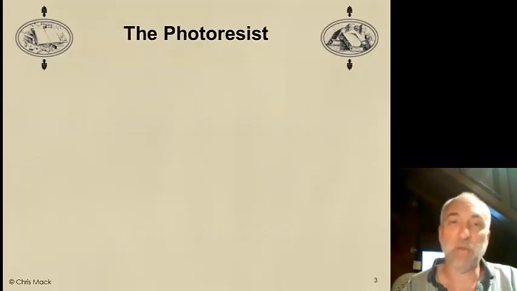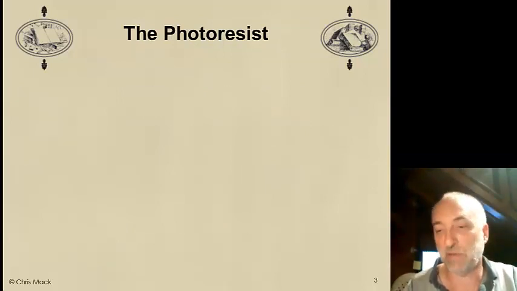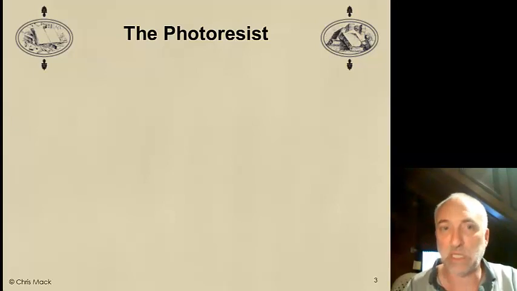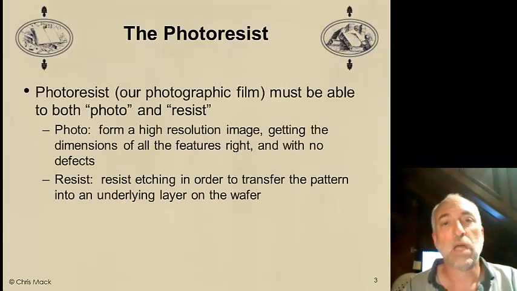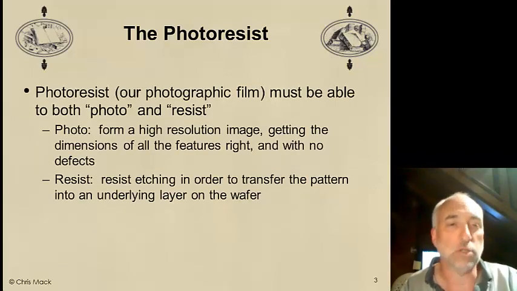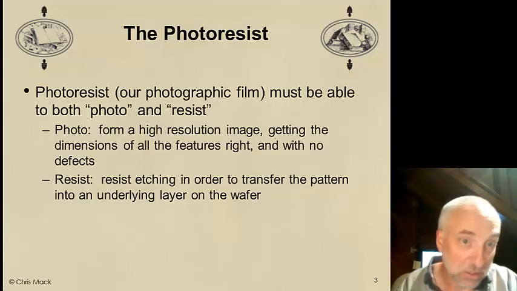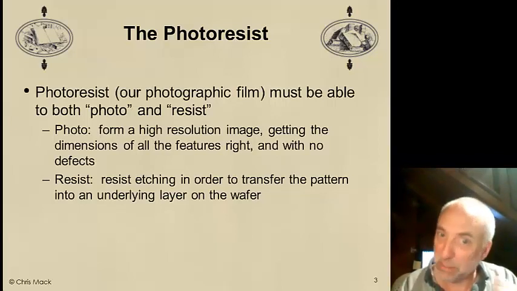So let's talk about the photoresist a moment, and then we'll talk about processing the photoresist. And today we're going to give a brief overview of the process steps, and we'll talk about some of these steps in much more detail later. The photoresist, which is a photographic photosensitive film, has two functions. A photoresist must photo and it must resist. What does that mean? Photo means form an image.